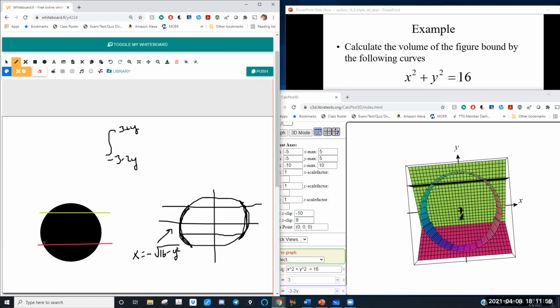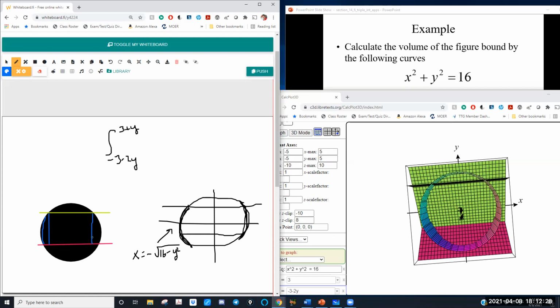Now, here's what happens if we try and do top bottom next. If I put in a vertical line right here, the top is this piece of the curve, and the bottom is this piece of the curve. We'd have to do another one here, because now the bottom is this red curve and the top is this part of the circle. Then we'd have red to green in the middle, which would be great.